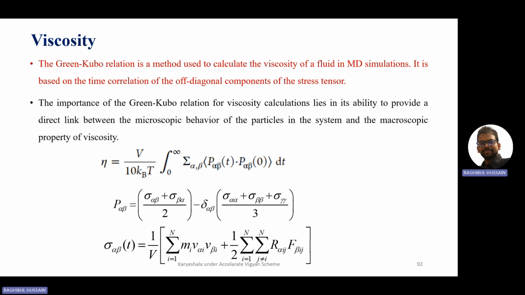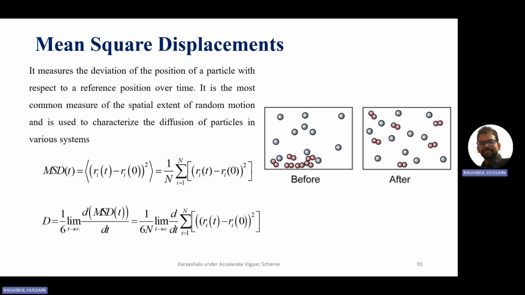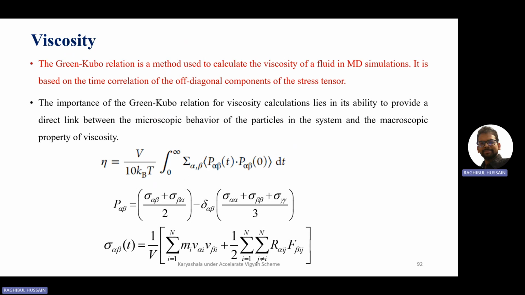For the diffusivity, we can calculate either by velocity autocorrelation function or by Einstein relation, this one. Similarly, for the viscosity, either we can compute with respect to the Green-Kubo relation, or there is a relation called MSSD, mean square stress displacement.